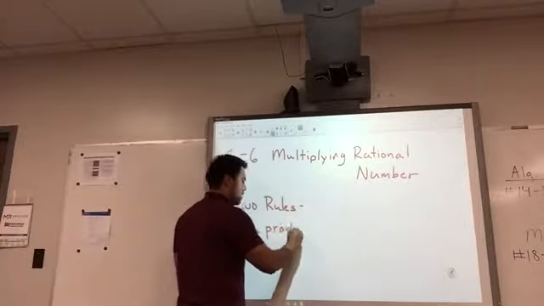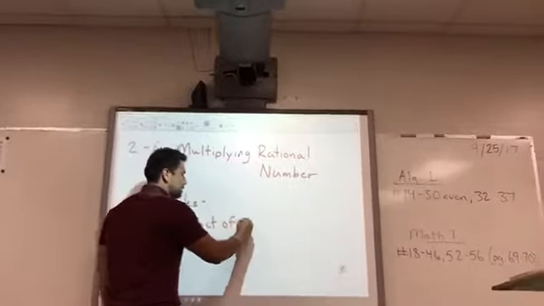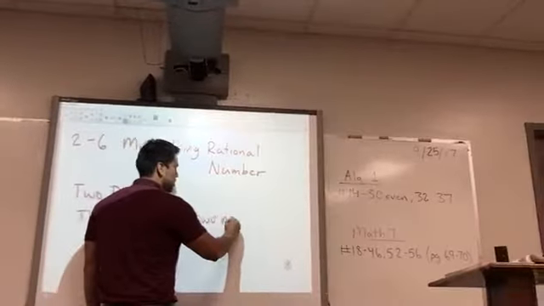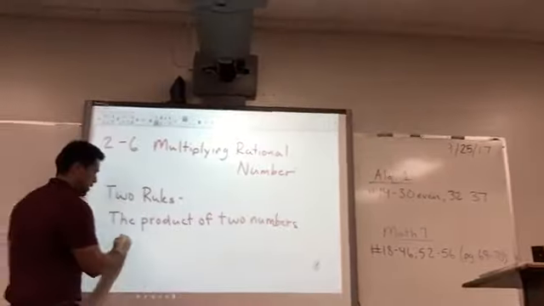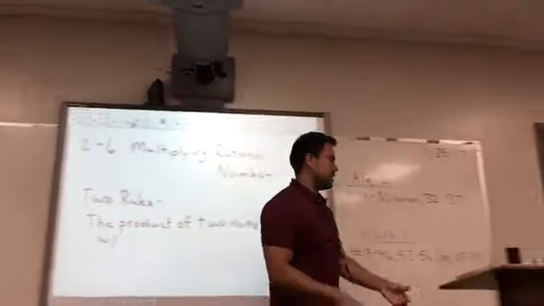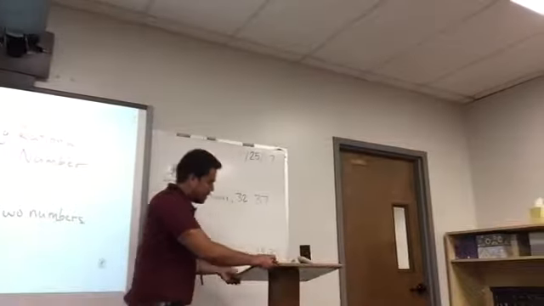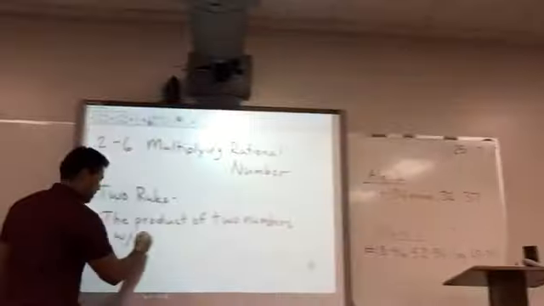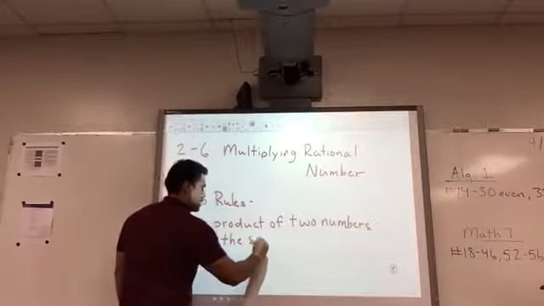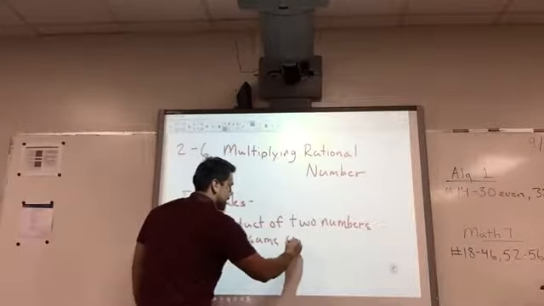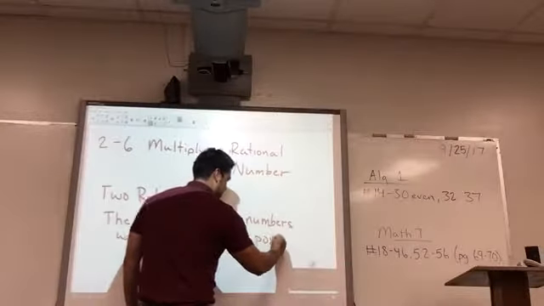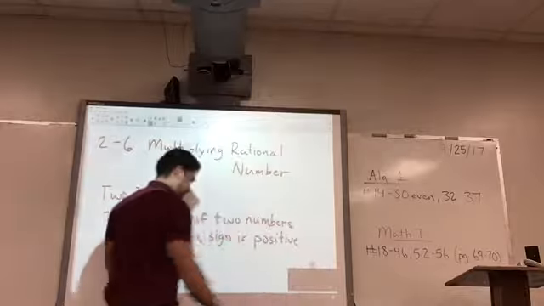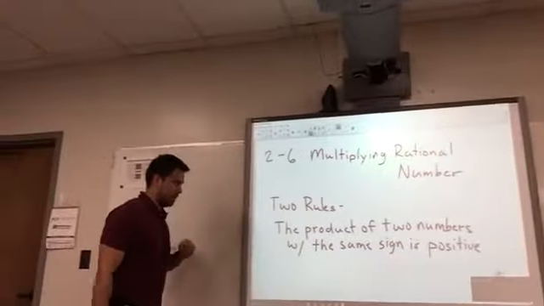The product of, and I'm just going to abbreviate here, two numbers, and we're talking about rational numbers. The product of two numbers with the same sign is positive. Okay.